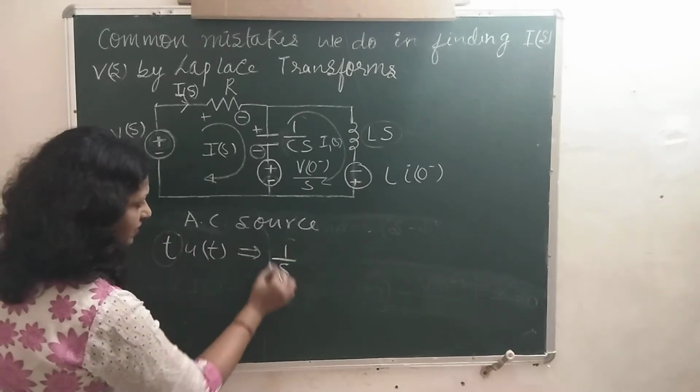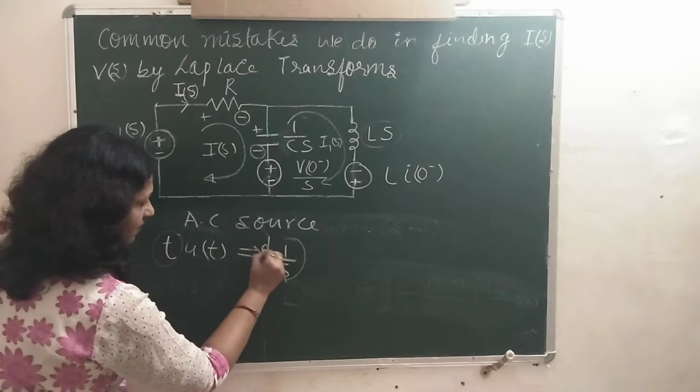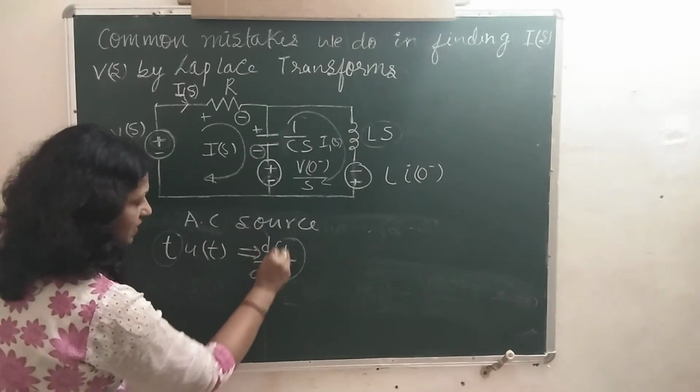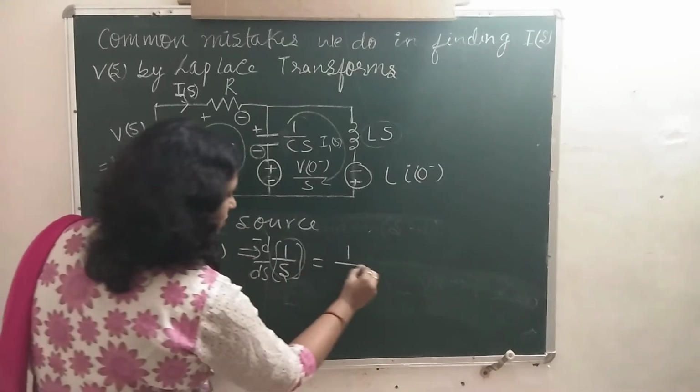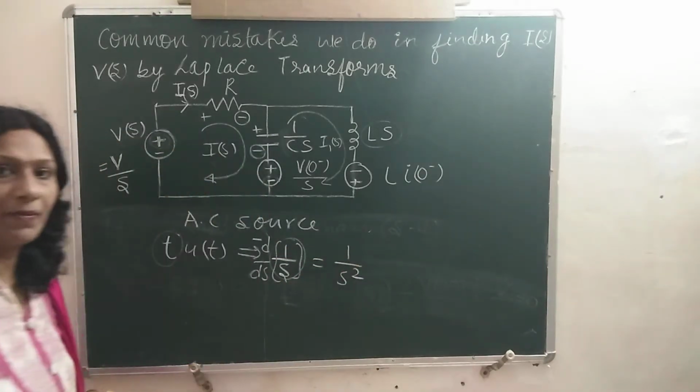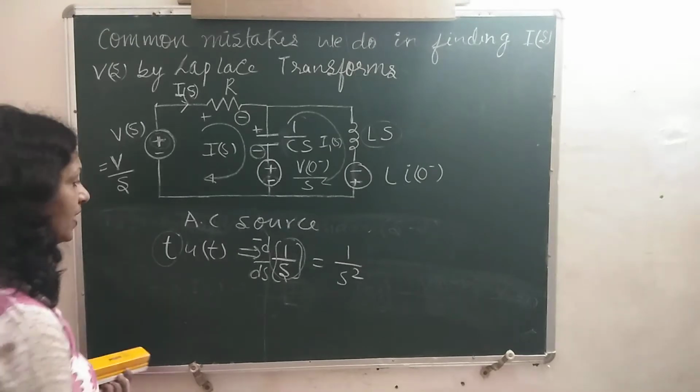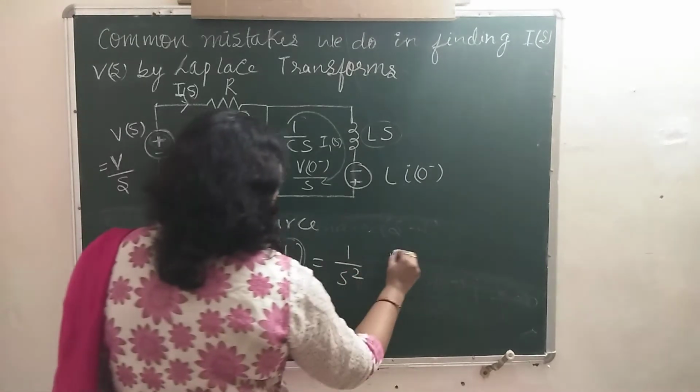This will differentiate this function, so d by ds of this function will come with a negative sign. So this will come equal to 1 by s square. This is our ramp function.